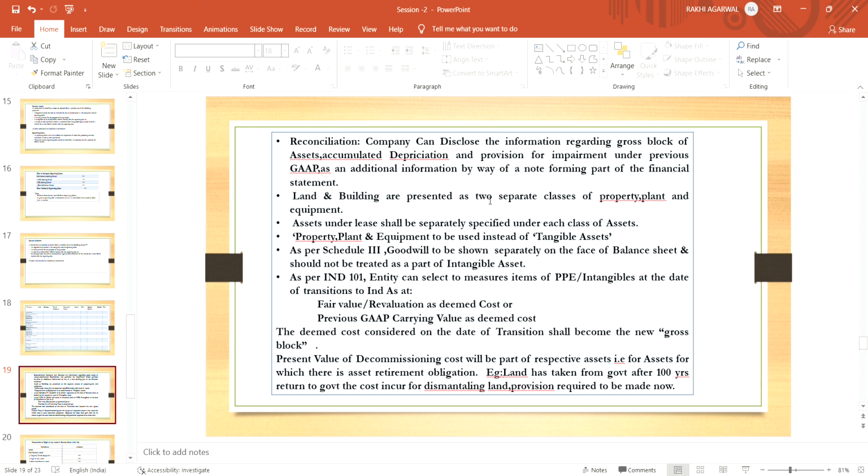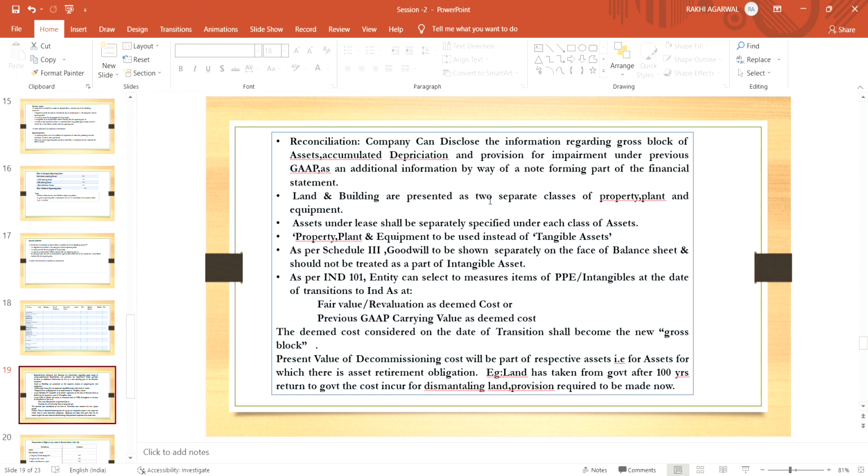Deemed cost considered on the date of transition shall become new gross block. Whatever deemed cost we will consider on the date of transition shall become a new gross block, whether fair value or previous GAAP carrying value.